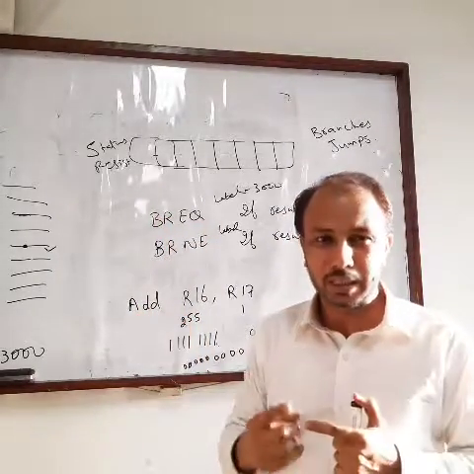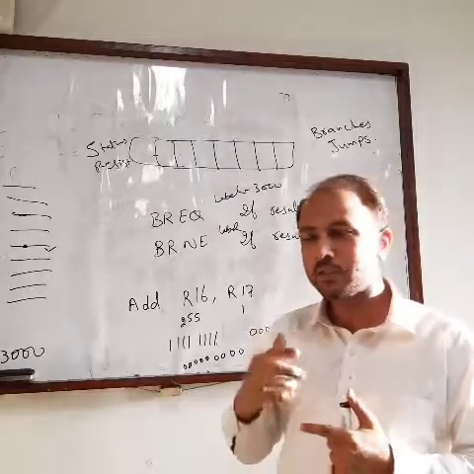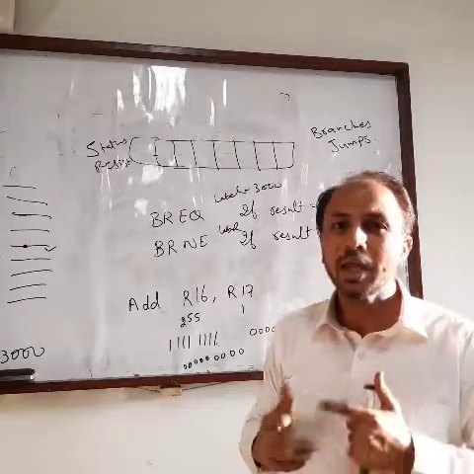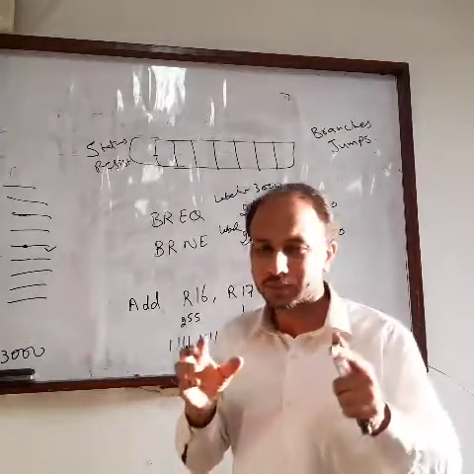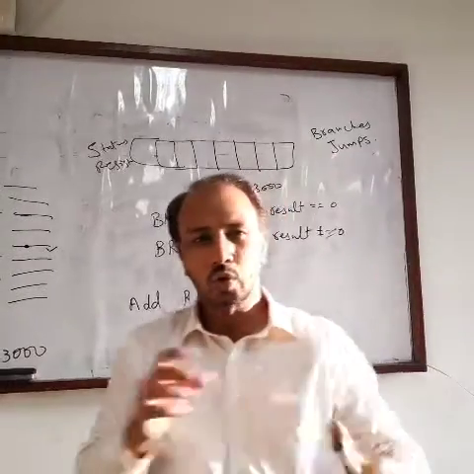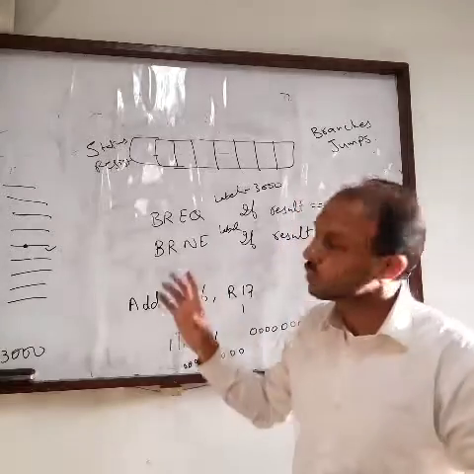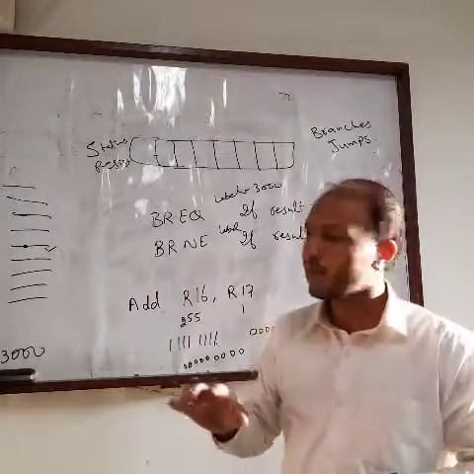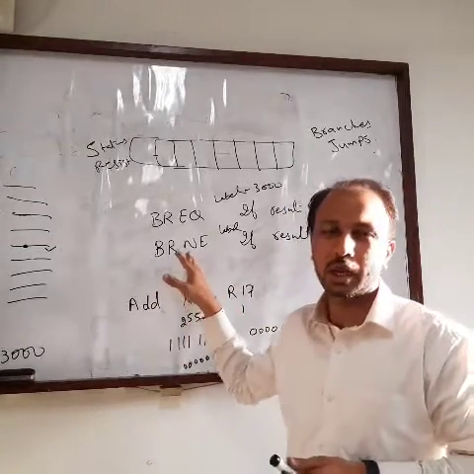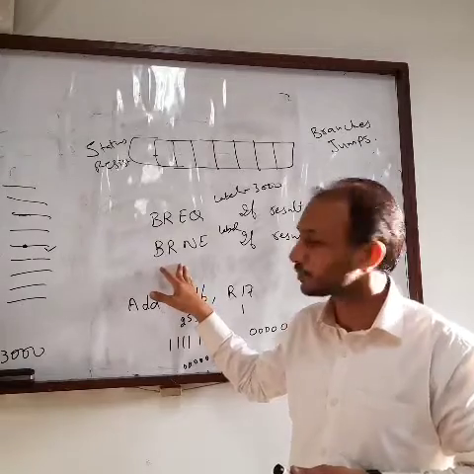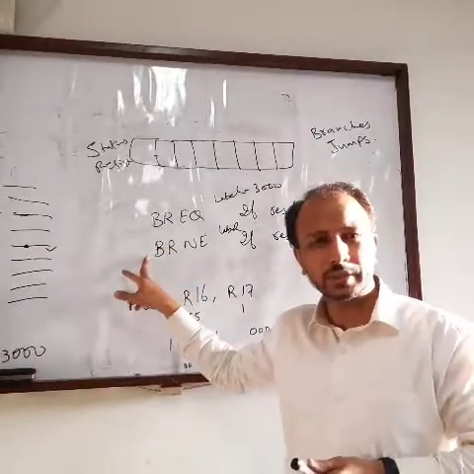Similarly, you can take jumps on the carry flag, and you can take jumps on the negative flag. Now this is your task, a small assignment: look at your book and find how to use other flags for taking conditional jumps. I have taught you 2 jump instructions.